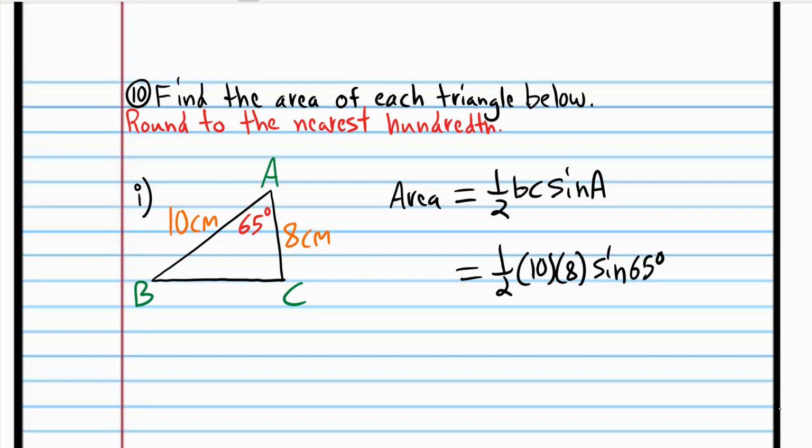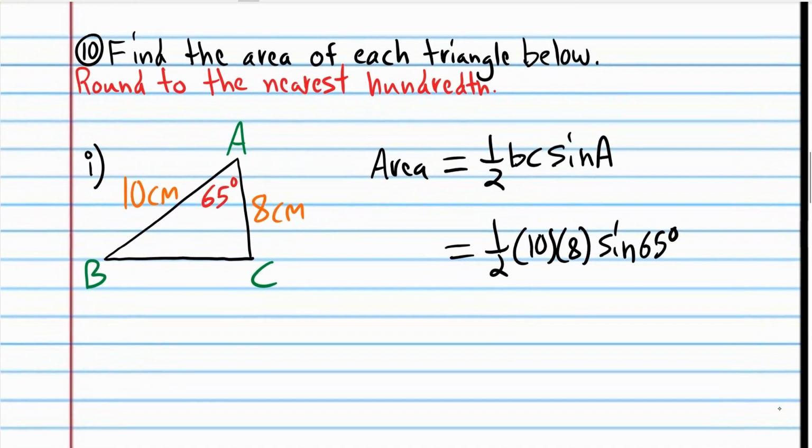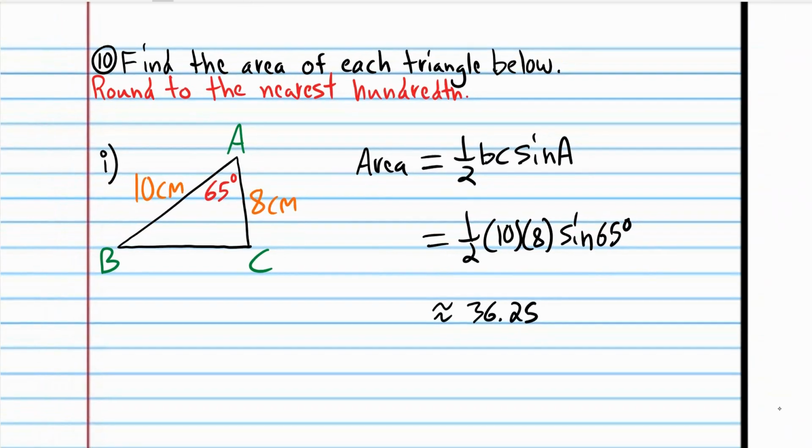And we can enter that into our calculator. And we get 36.25 approximately, square centimeters. Be sure to write your units or else you're going to lose points on the test.